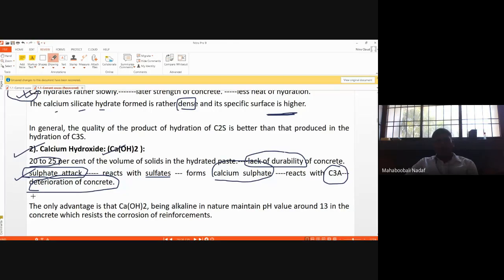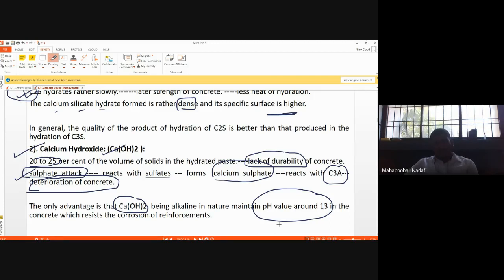Only one advantage of calcium hydroxide is there. It will maintain the pH around 13. If it is more than 7, we call it alkaline. If it is less than 7, we call it acidic. With an alkaline pH, corrosion is less.